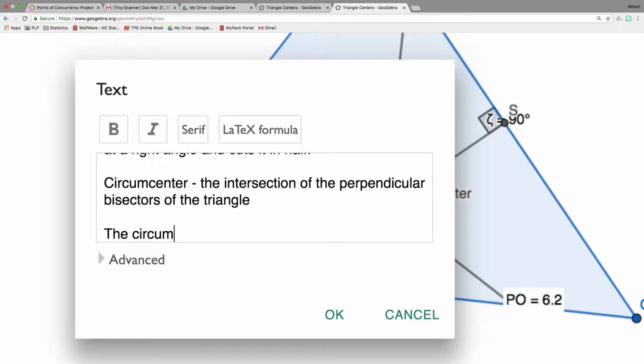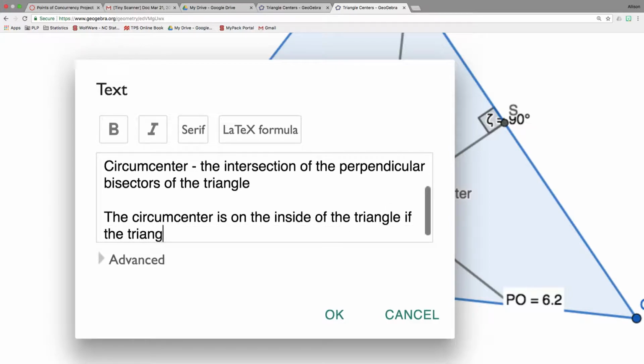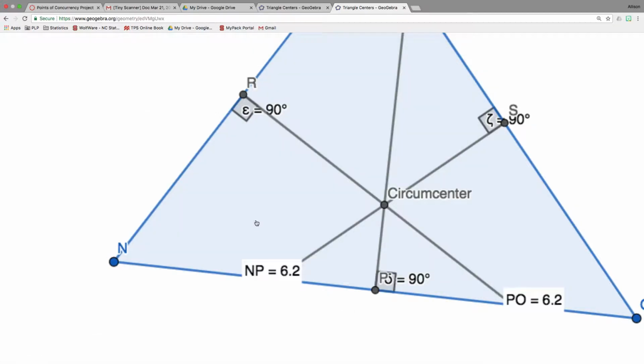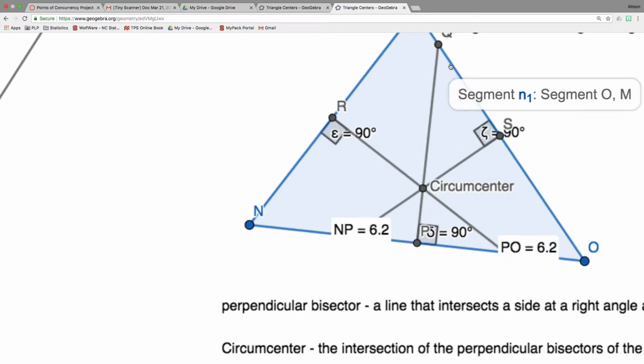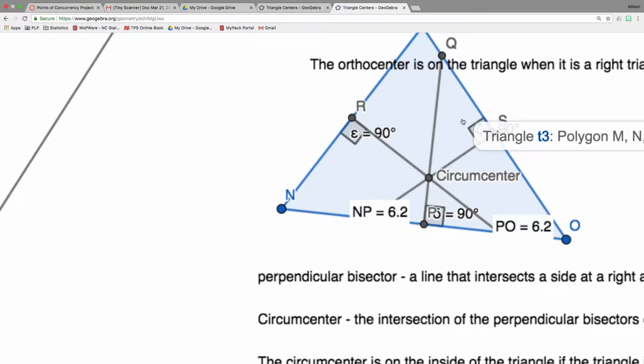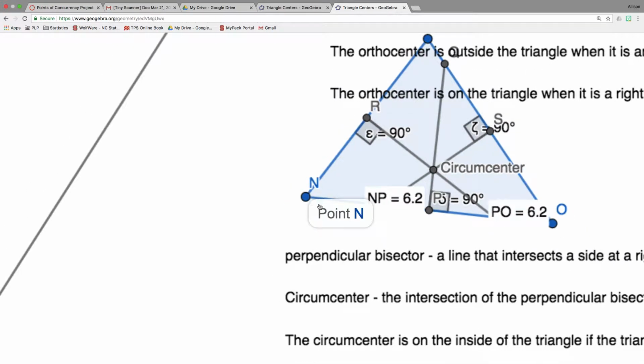The circumcenter is on the inside of the triangle if the triangle is acute. Right or acute? If it's right, where's it going to be? On the triangle. Let's check it.